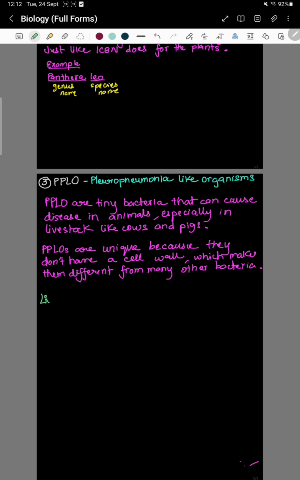So livestock means animals that are raised by farmers for farming purposes.